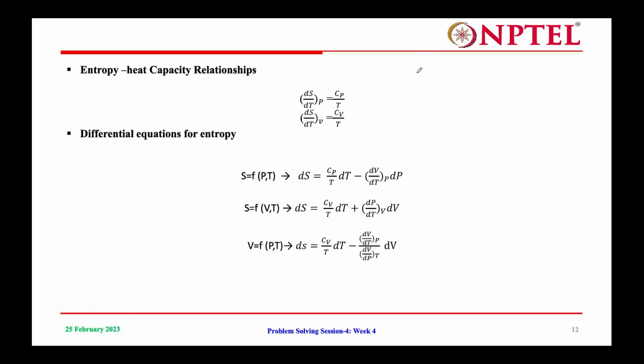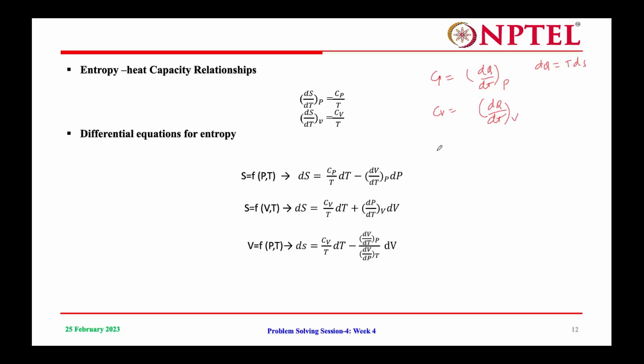So we can write down Cp is equal to dQ by dT, right, and Cv is equal to dQ by dT at constant volume. Now put the value dQ is equal to T dS here also.